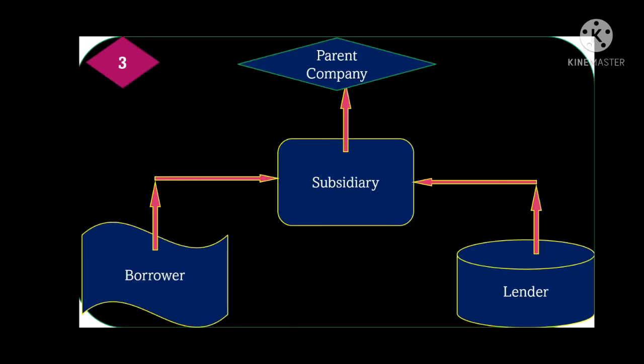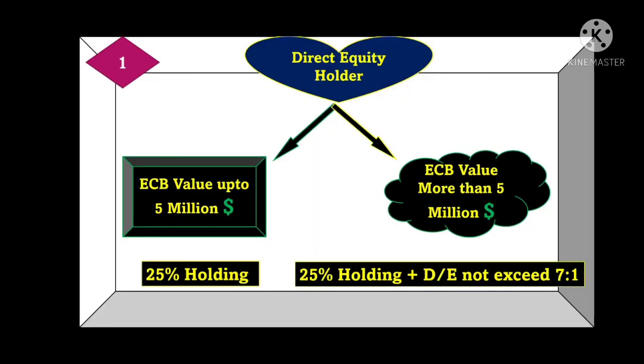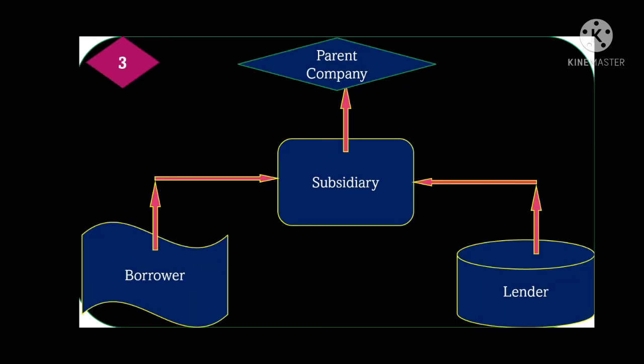Now let's move forward. The third one is the group company with a common overseas parent company. Now what is this? Here is the borrower and here is the lender. Both the lender and the borrower are subsidiaries of a parent company.